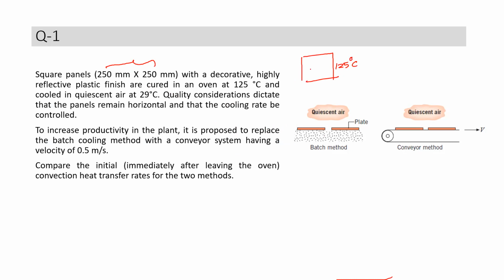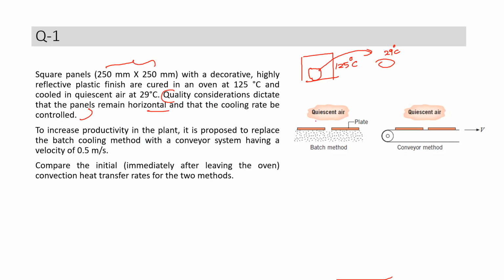After curing, the plate is taken outside and left to cool in ambient air at 29 degrees Celsius. The quality considerations dictate that the panel should remain horizontal and that the cooling rate can be controlled. To increase productivity in the plant, it is proposed to replace the batch cooling method with a conveyor system having a velocity of 0.5 meter per second.